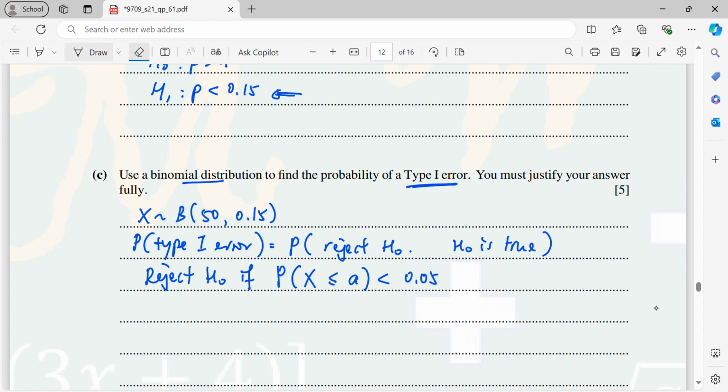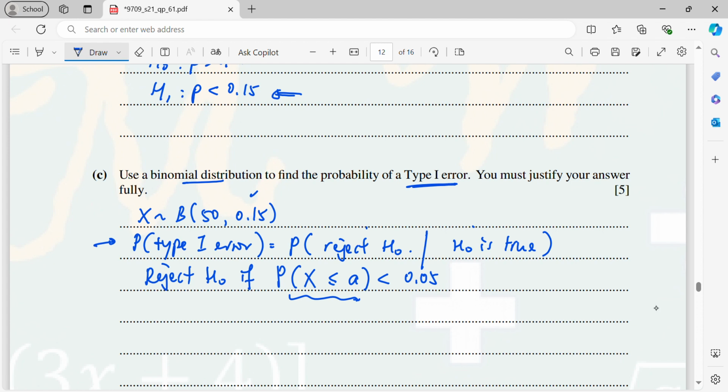So this is the definition. Type 1 error means the probability of rejecting H0 when H0 is true. So when H0 is true, this is your probability, 0.15. And now I need to count the probabilities so that the probability of X less than or equal to A is less than 0.05. Then the probability that we have found here will be the type 1 error probability.